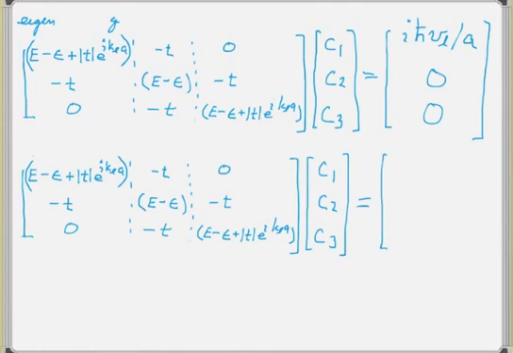The only difference is now we're injecting from the right, so the inhomogeneous term is going to show up in row 3 that couples to the right contact. So the only difference is where the inhomogeneous term is and the velocity that goes into it, because the velocity that you inject from the right under bias, for example, at the same energy would be different in the drain compared to the source, because it'd be at a higher kinetic energy.